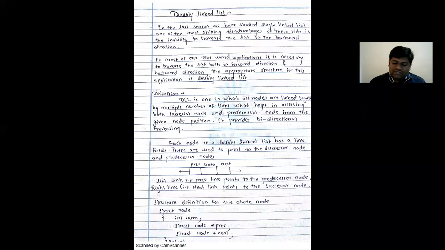I want to create a structure, simply node, right? Now, how to create a node for a doubly linked list? What is the change? Already we have discussed the singly linked list. Now, what will be the change in the previous self-referential node structure?